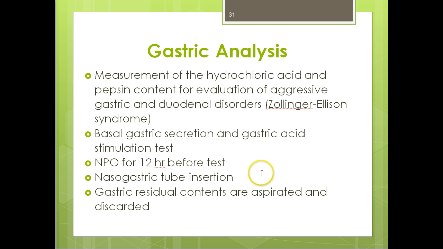They're NPO for 12 hours before the test, and then they do the nasogastric tube insertion, and gastric residual contents are aspirated and discarded. Also, one of the disorders mentioned in the text is Zollinger-Ellison syndrome. I just mention that name so that you can recognize it if you were to see it.